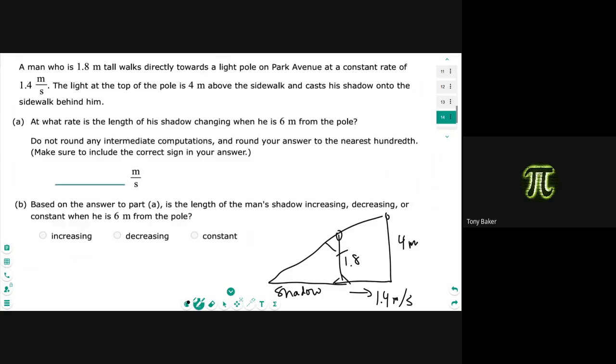Right. Okay. Well, his height's not going to change, right? His height's not going to change. So the speed. So what's that? 1.4 meters per second. So how do we want to label this? dm over dt is 1.4 meters per second.